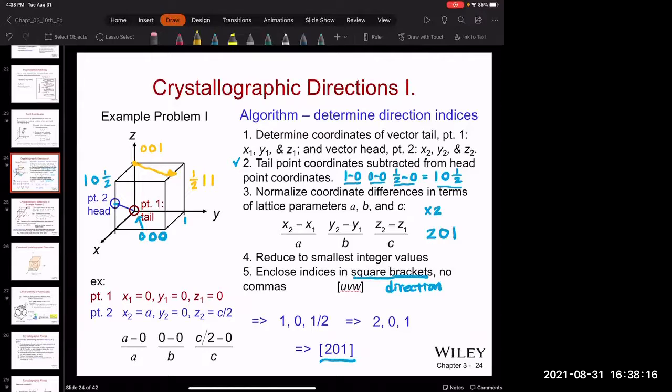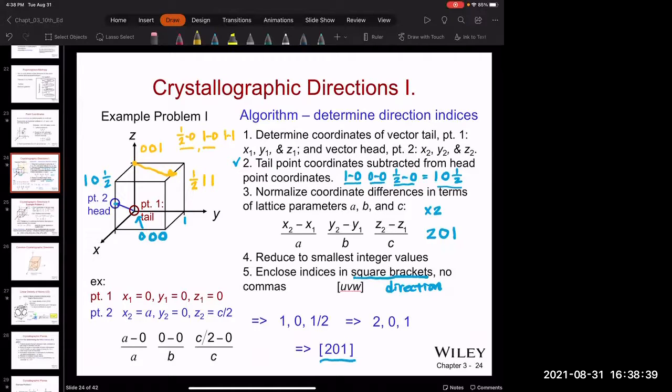And we're going to do the subtraction, head minus the tail. So head 1/2 minus 0, the middle one is 1 minus 0, and the last one is 1 minus 1.